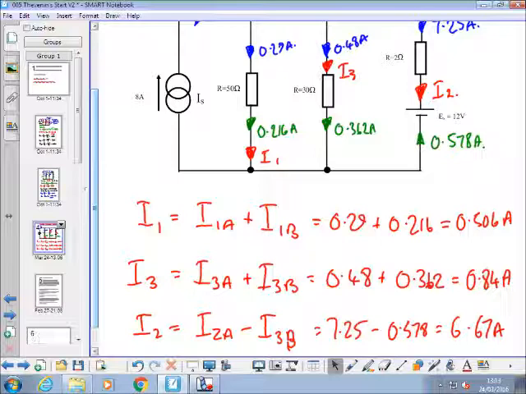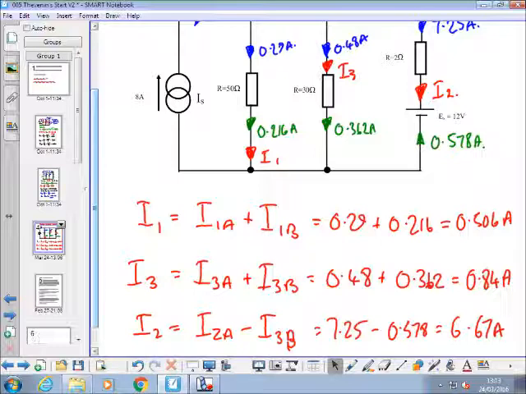So long-winded in a way, but as long as you remember that process and what you have to do, each step, replacing each source one at a time, use separate diagrams. And one way I'd do it, if that was just in a notebook, would be to split the page in half and put the diagram for circuit A and circuit B either side of that line, and do the calculations side by side, and then add them all up at the bottom to get the final result.